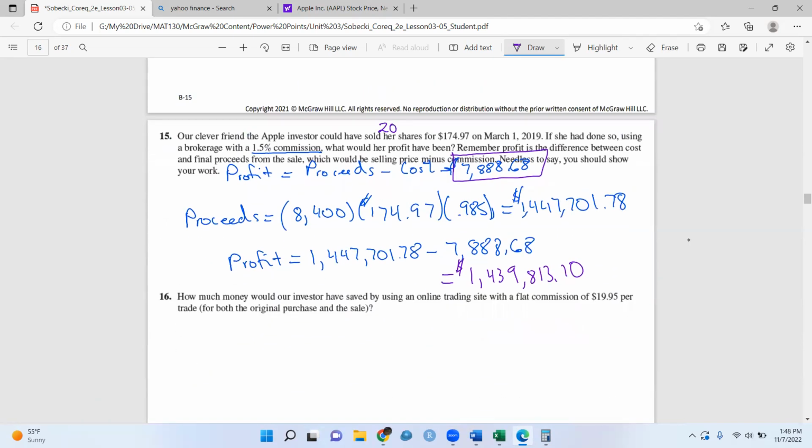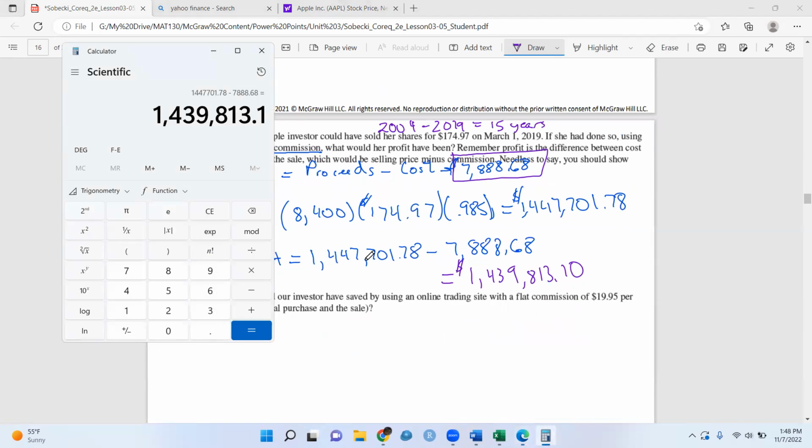And from 2004 to 2019, that's 15 years of investing. So what we could then do is say, what was the profit per year? All right, she's making $95,000 per year. Well, that's more than my salary. That's wonderful. I'd love to make that happen.